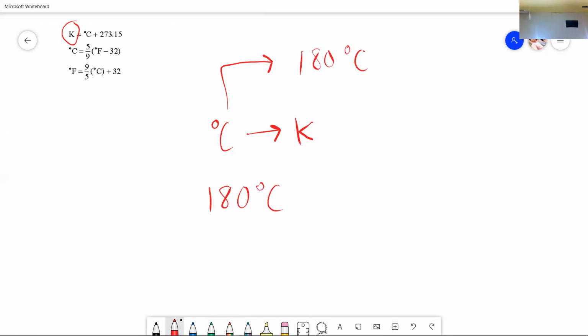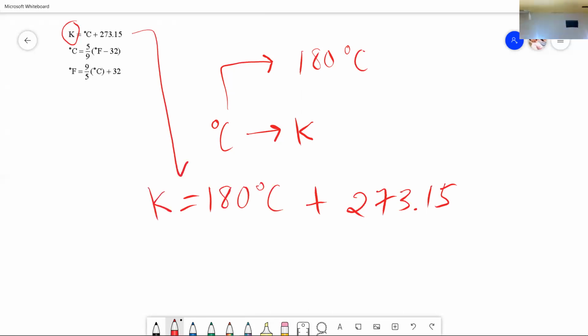Since we have the equation, use the equation: plus 273.15 Kelvin. So Kelvin is equal to degrees Celsius plus 273.15. All you have to do is just add.